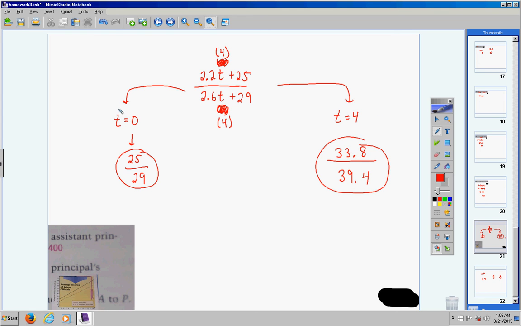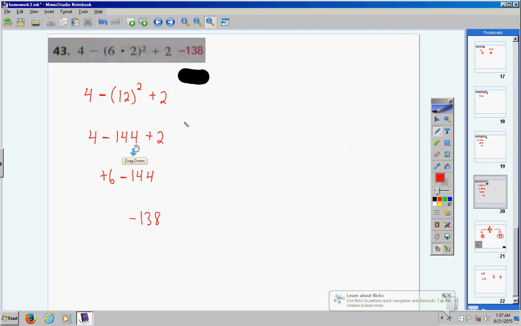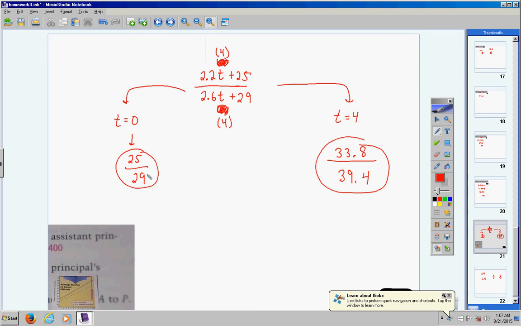Now, it also says describe the results in words. Well, I'm going to take 25 and divide it by 29 to get a decimal for this ratio over here. So the decimal for this ratio, 25 divided by 29, is 0.862. Over here, I'm going to take 33.8 and divide that by 39.4.